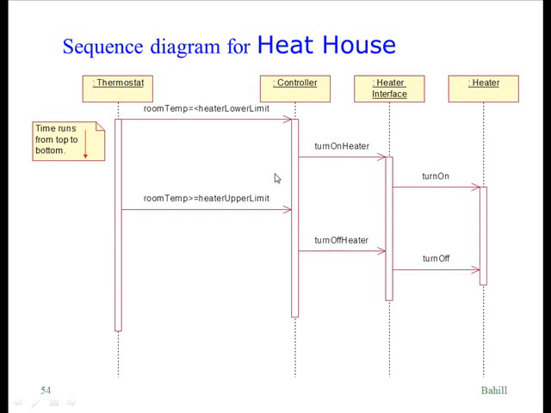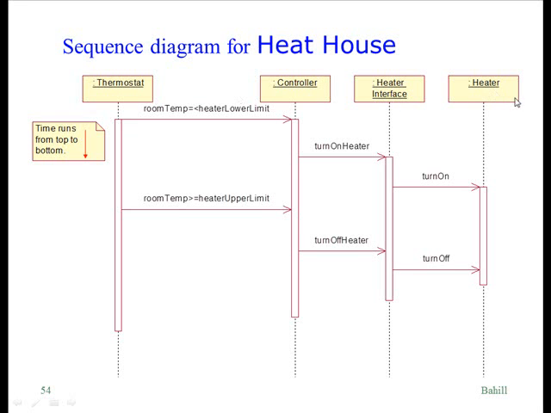Okay, so let's look at an example of a sequence diagram. Now the thermostat shows up. Here's a sequence diagram. We have these objects: a thermostat, a controller, and then the heater interface and the heater.